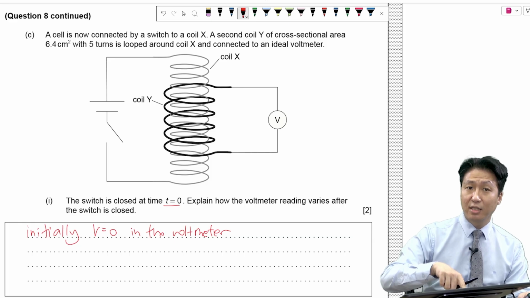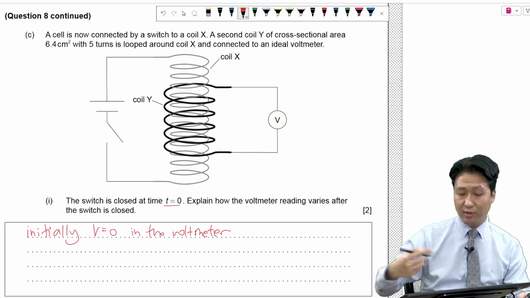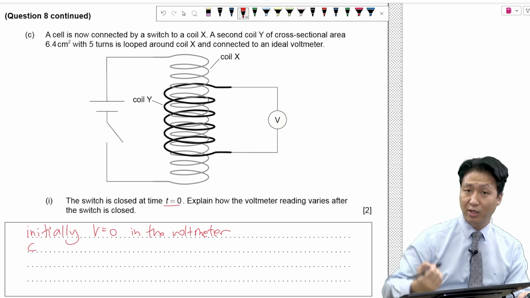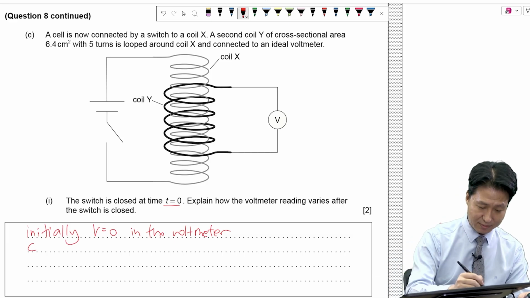Next, the current will increase, which causes an increase in the magnetic field strength, which causes an increase in the flux.